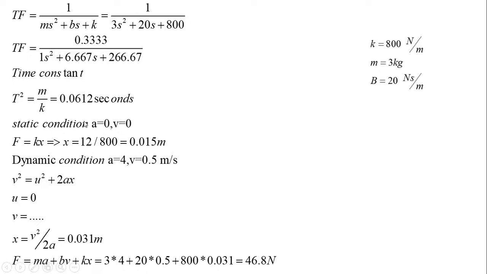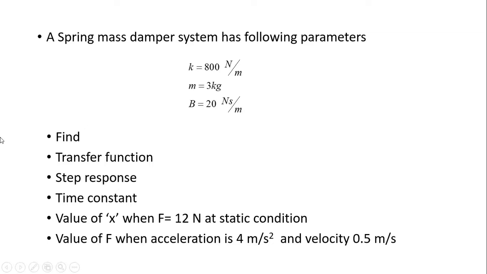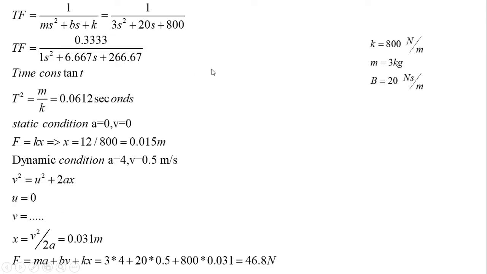Force means we should know all the forces: spring force, mass force, and damping force. For the spring force, we require x, and x can be calculated by using the kinematics formula v square is equal to u square plus 2ax.